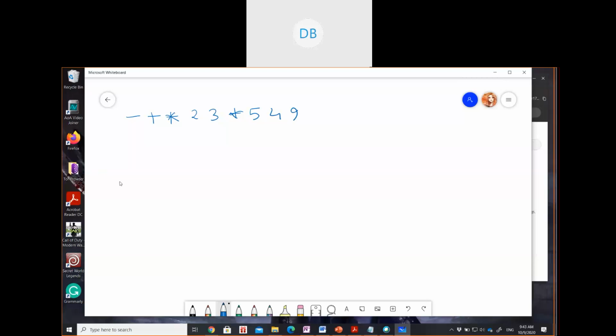Okay, I will just show you how you need to do it. So you have to go from the right hand side, correct? So this is how you evaluate prefix. Same process. First, your stack will be empty. The moment you get an operand or a number, you will simply push it to the stack. Next, you have another number.